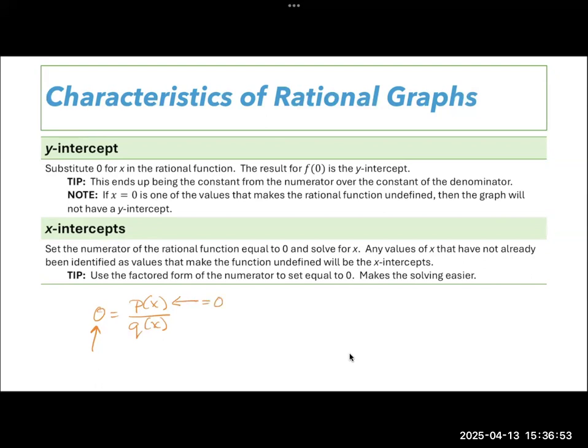Because 0 divided by anything other than 0, so again, q of x cannot equal 0, but a 0 divided by anything else is going to give you 0 for an answer. So the tip here is that you really only need to set p of x equal to 0 to find where your x-intercepts are going to be.